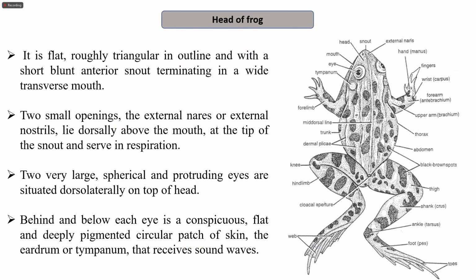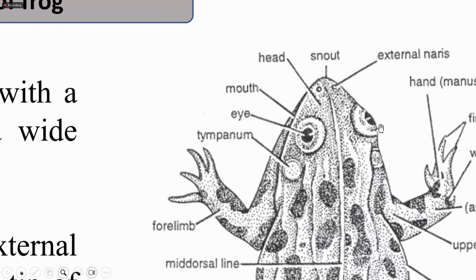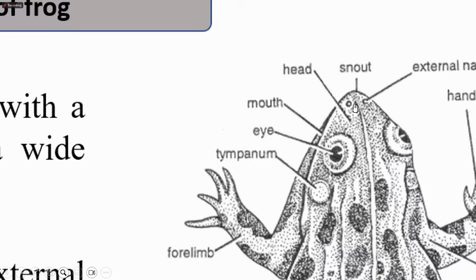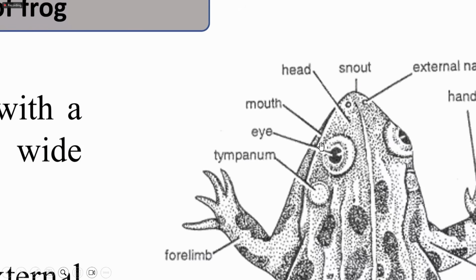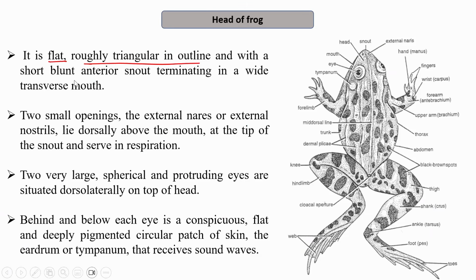Next is the head of the frog. We know that the body of the frog is divided into two distinct regions, head and trunk, with limbs. The head of the frog is flat, roughly triangular in outline. If I focus on the head, you can see that it is triangular in shape, and the anterior end forms a snout.